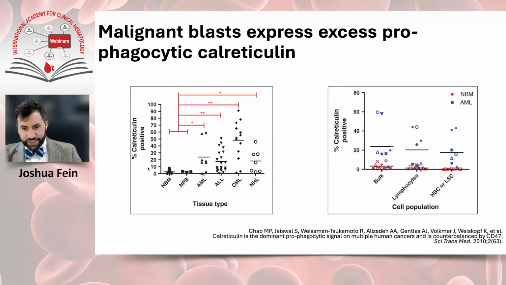And so what you can see is that in comparing AML cells, ALL cells, CML, and non-Hodgkin's lymphoma to normal peripheral blood and normal bone marrow, the percentage of cells that are calreticulin positive is actually markedly increased in all of the disease states. And that's true, again, when we look at the LSCs, the leukemic stem cells have much higher calreticulin than the normal bone marrow cells.